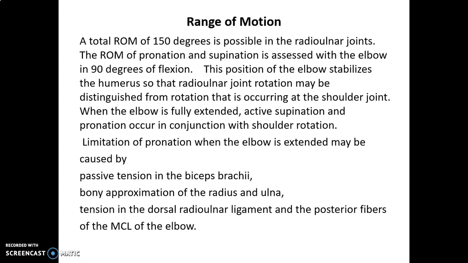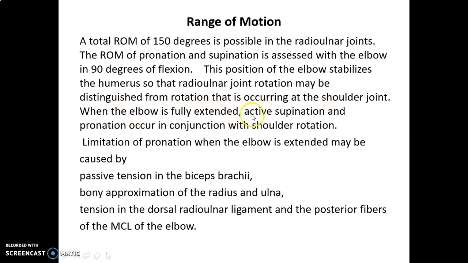So we have to fix the humerus and flex the elbow to 90 degrees. Then you can isolate the radioulnar joint motion. This position of the elbow stabilizes the humerus so that radioulnar joint rotation may be distinguished from the rotation that is occurring at the shoulder joint.